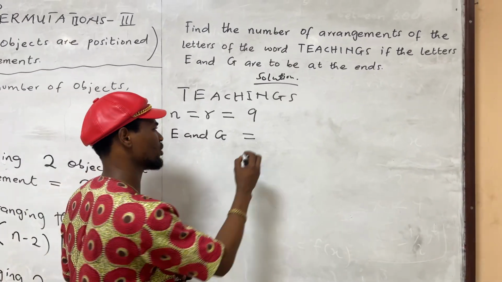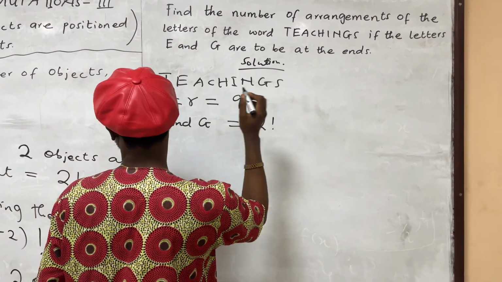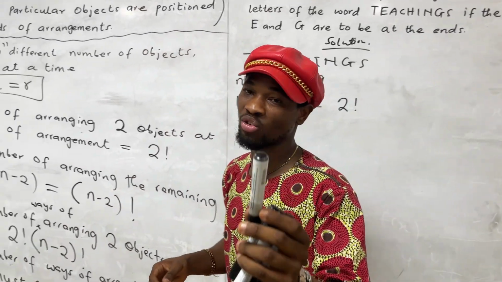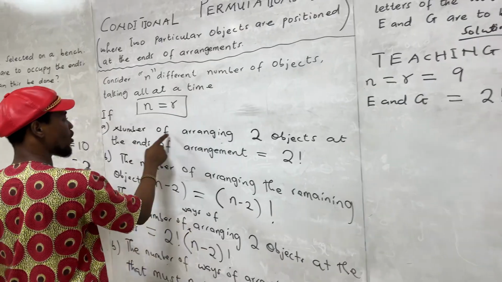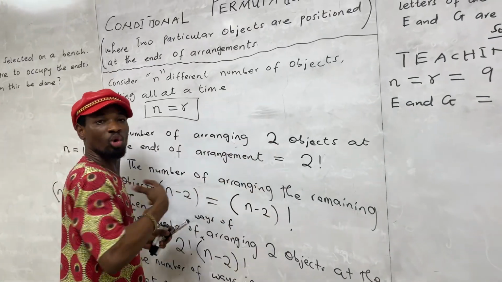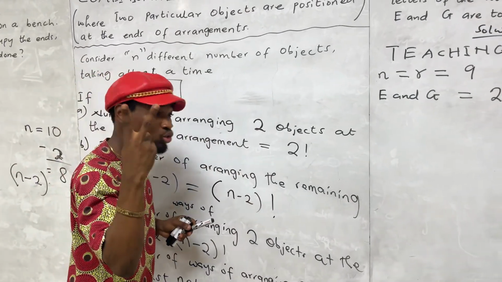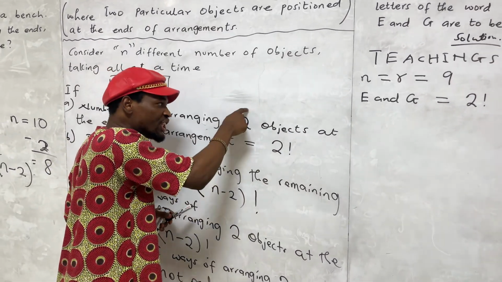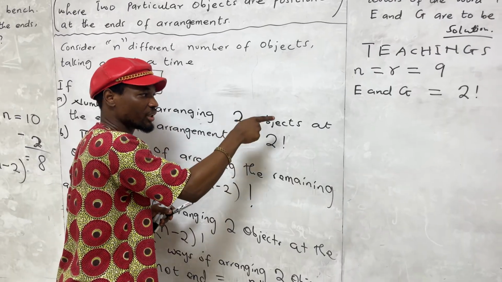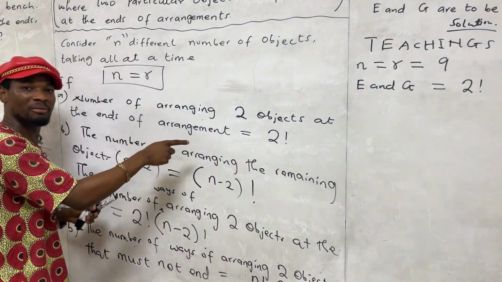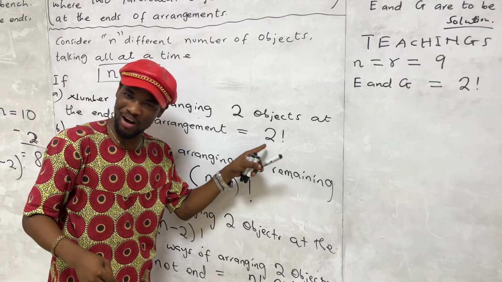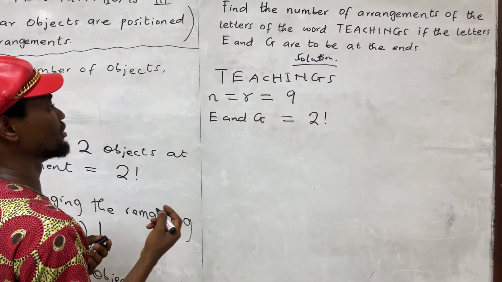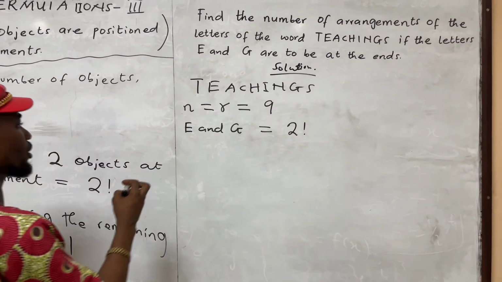Do you remember that? So 2 factorial, as simple as that. Viewers, why are we saying 2 factorial? Because the number of arranging those items, E and J, they are 2. Arranging 2 objects. So arranging E and J at the ends of the arrangement is given by 2 factorial.